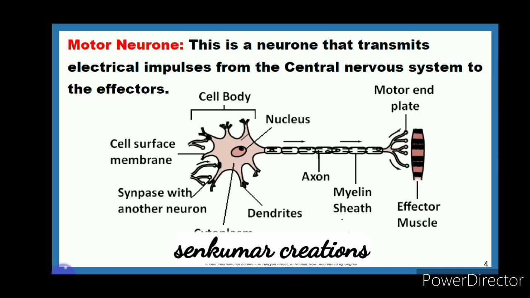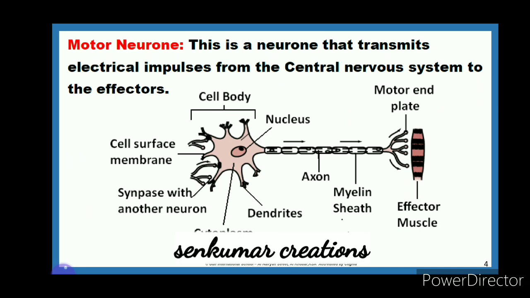This is mainly done by motor neurons. So the function of the motor neuron, don't forget, is that it transmits impulses from the brain, or you can say the central nervous system, to the effectors. That is called a motor neuron.